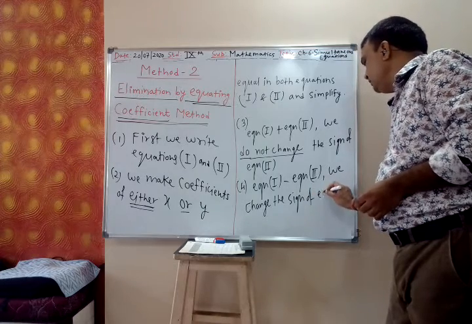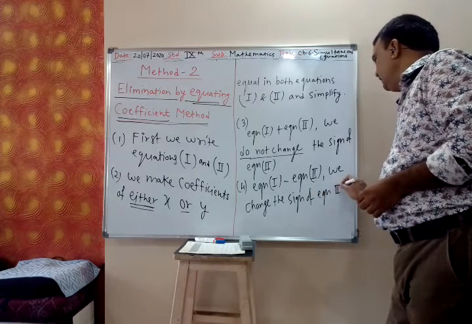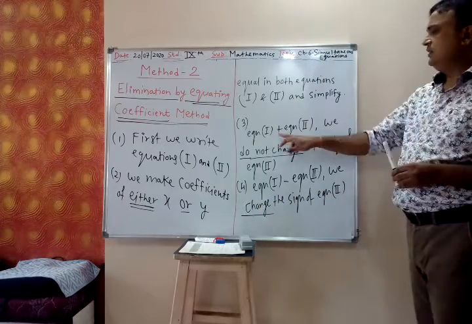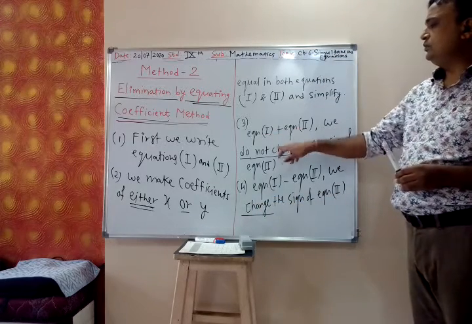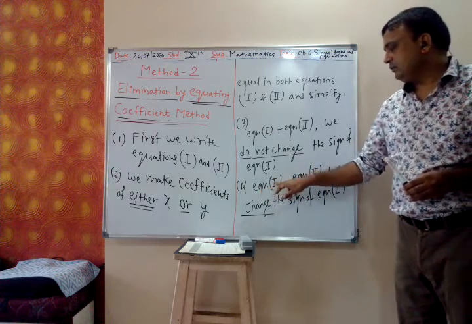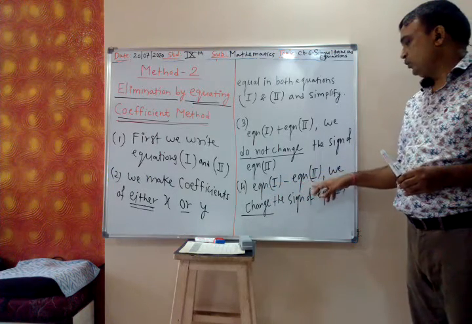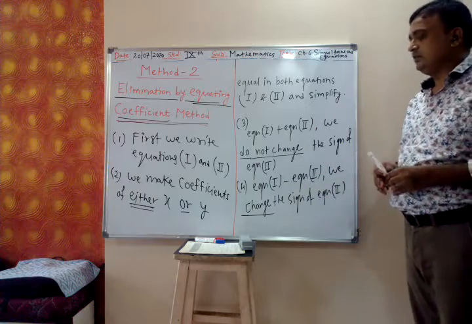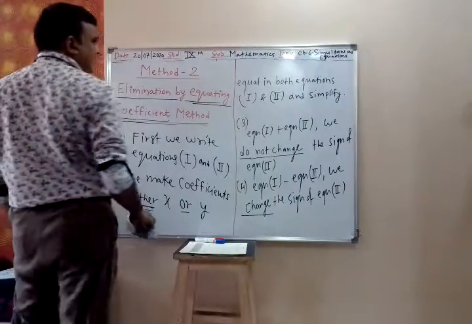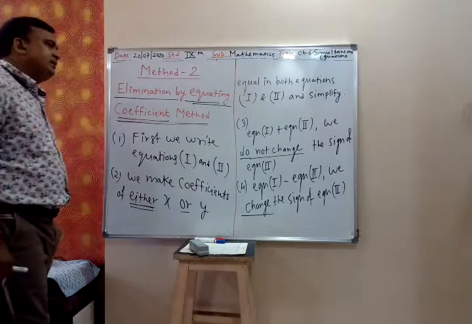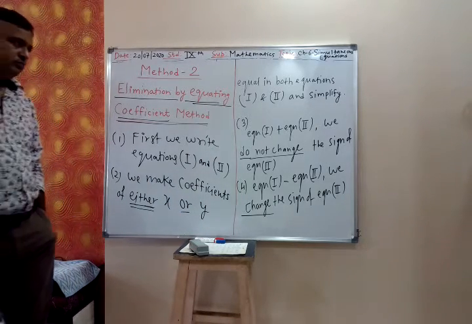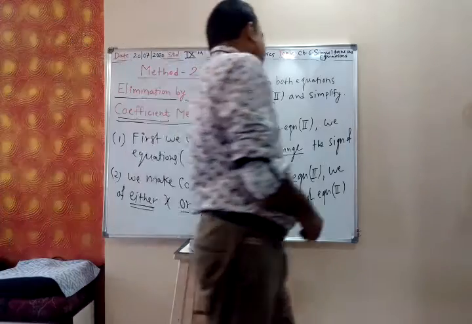Whenever it is 1 plus 2, we do not change the sign of second equation. But whenever you have equation 1 minus equation 2, we change the sign of second equation. And this is what the elimination by equating coefficient method is.